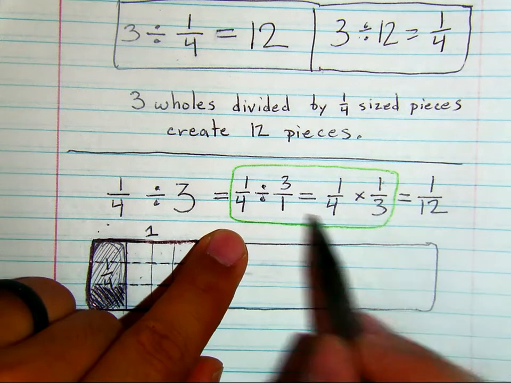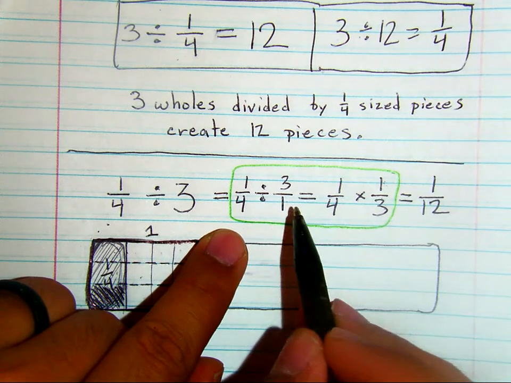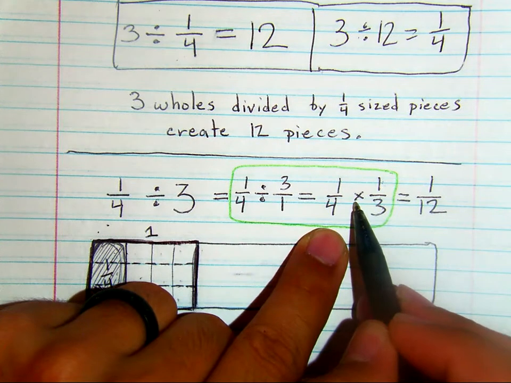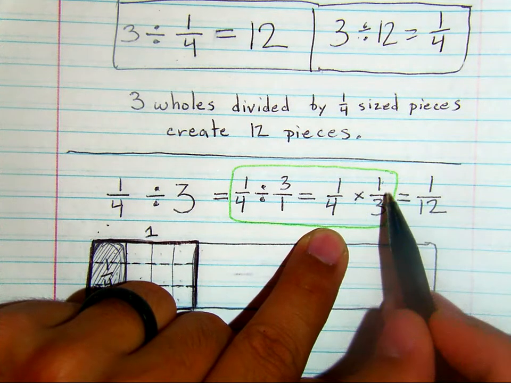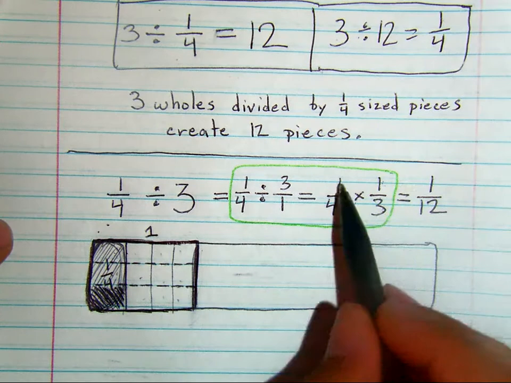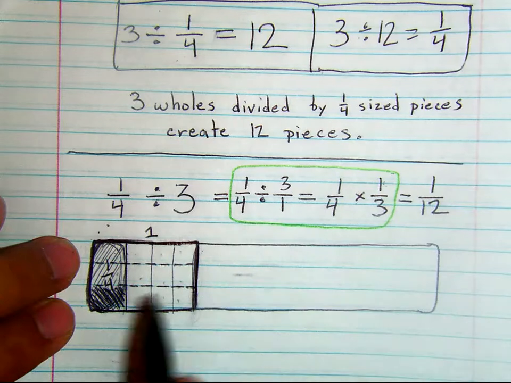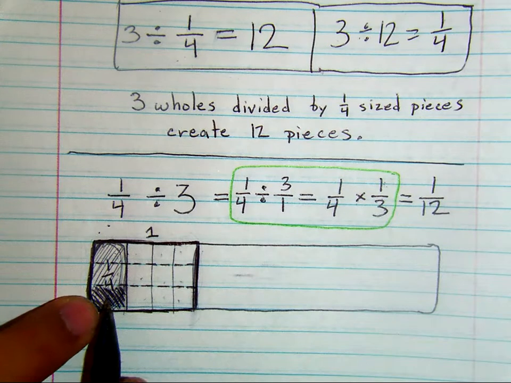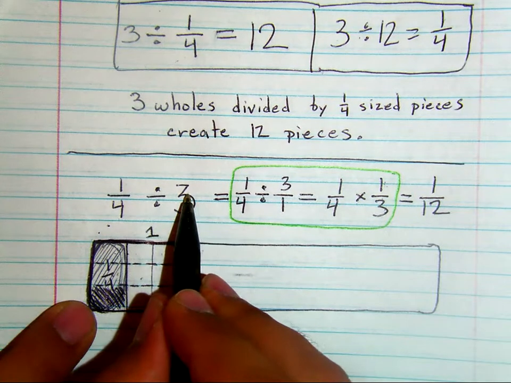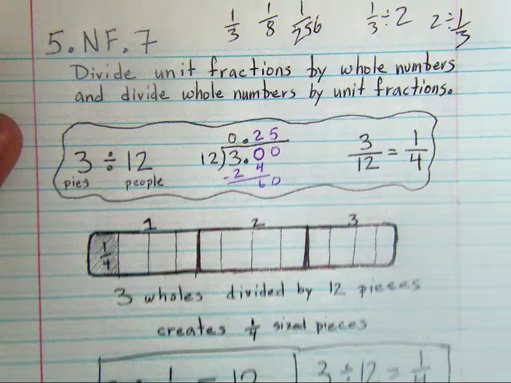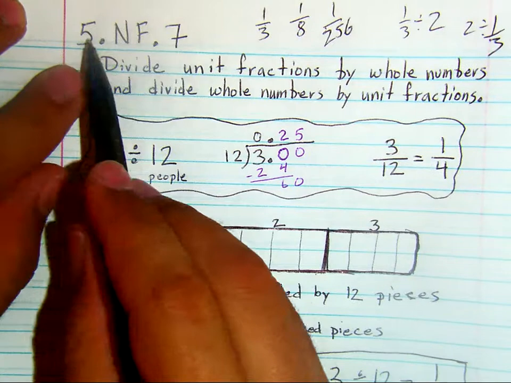If you're dividing by a number, you can write it as a fraction and just multiply that fraction flipped, and it'll get you the answer you're looking for. So that's a fun little rule, but you need to understand why 1/4 being divided by a whole number is going to end up being a much smaller sized piece. And those are the two things you need to know how to do for 5.NF.7.